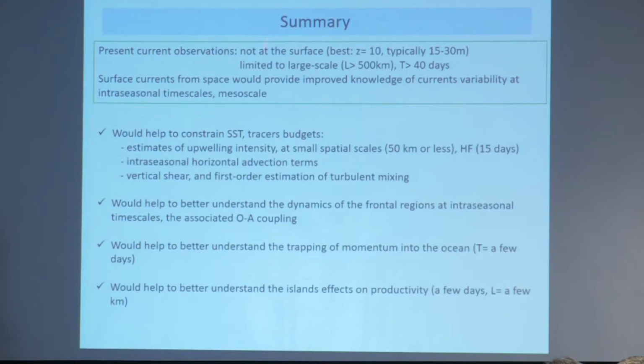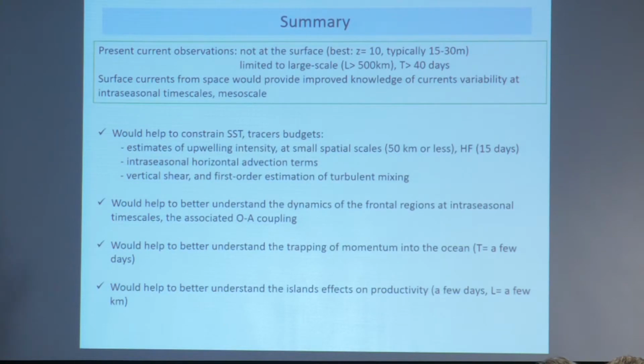So as a summary, with the present observation system, we are limited because we don't have observations at the surface at the equator. We are limited to large-scale phenomena, and surface currents from space would provide improved knowledge of the current variability at intraseasonal and mesoscale.